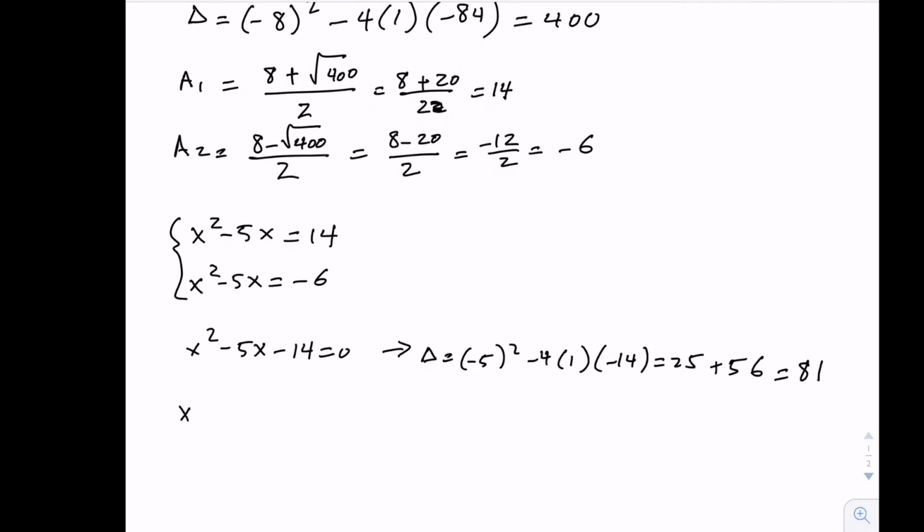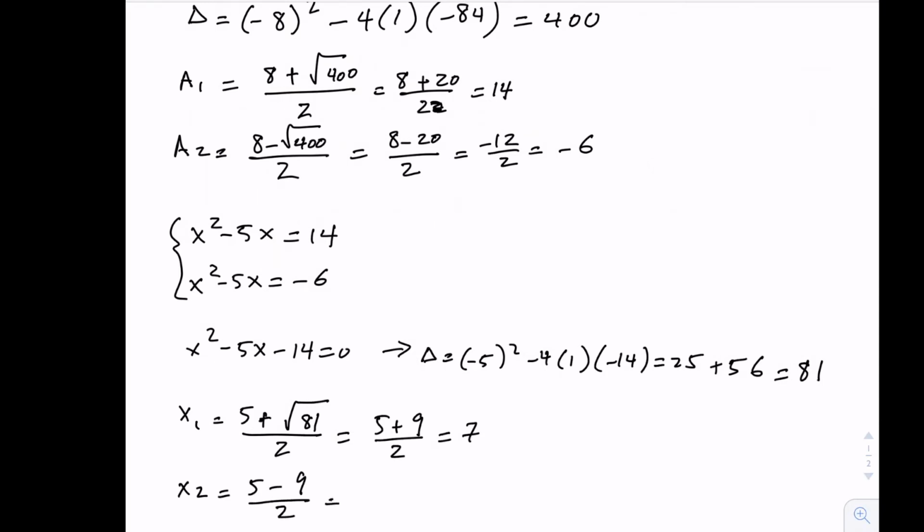So x1 will be 5 plus root of 81 divided by 2, which is 5 plus 9 divided by 2, and is 7. x2 is 5 minus 9 divided by 2, which is minus 2.